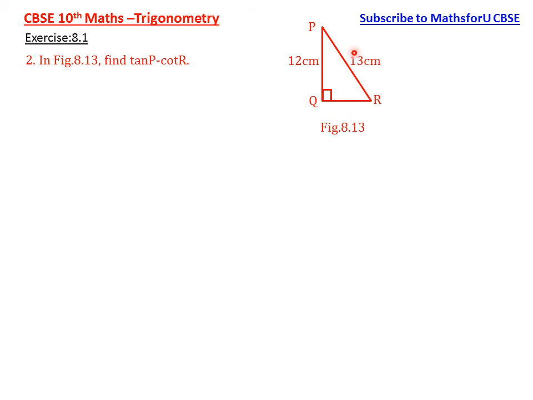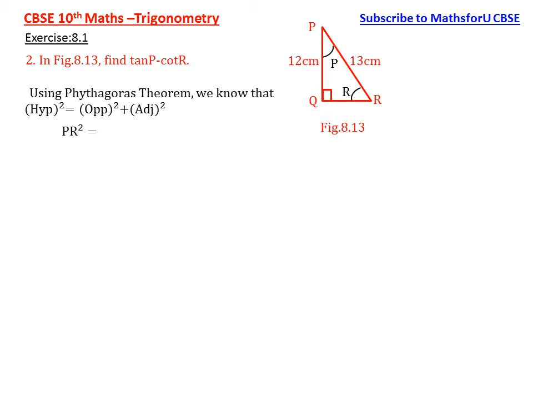The highest side square is equal to the sum of the squares of the other two sides. That is 13 square is equal to this plus this. Then 13 square minus 12 square will give QR. First we need to find out QR. So this is the P angle and this is the R angle. Using Pythagoras theorem we get PR square is equal to PQ square plus QR square.